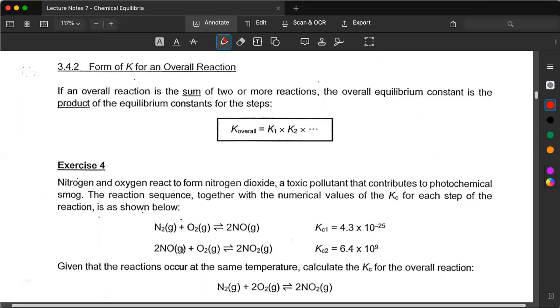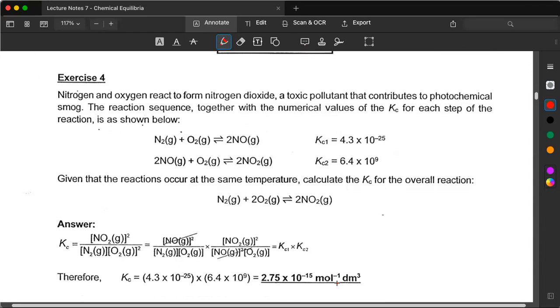The NO is cancelled off because it's an intermediate product. In the second step, it was used up already. And how do you do this? You just have to multiply. That's it. But this is the understanding of how to get it.